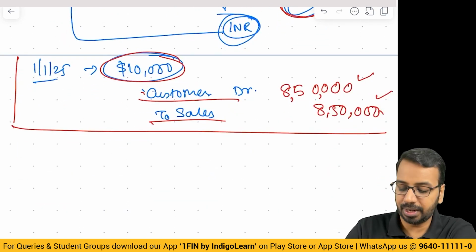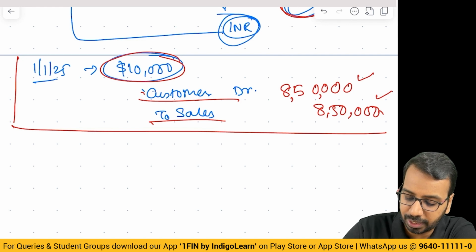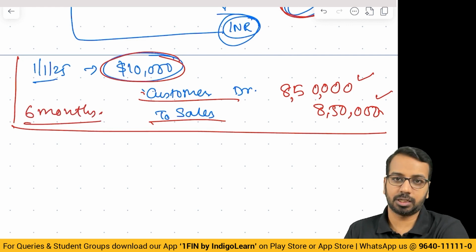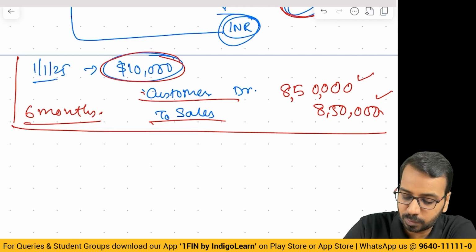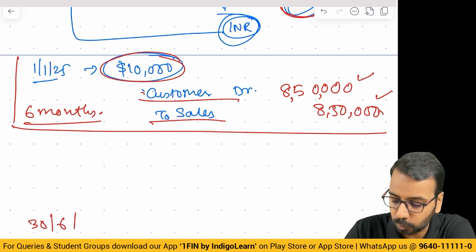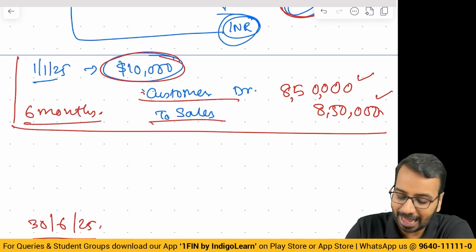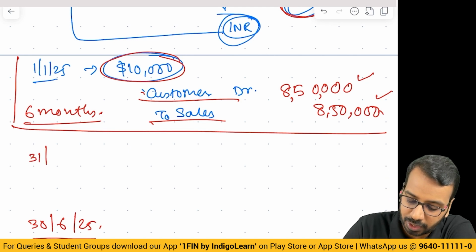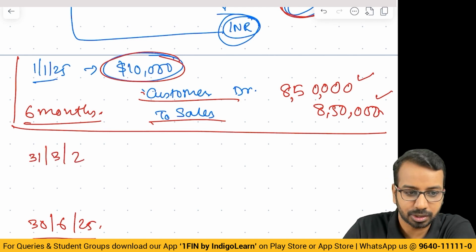Now, after the sale has been made, assume that the due date is 6 months. Due date is 6 months. Now 6 months means from January till June. The due date is 30th of June of 25. And in between we have this wonderful date which is 31st of March of 25.